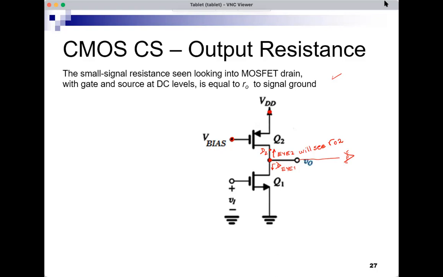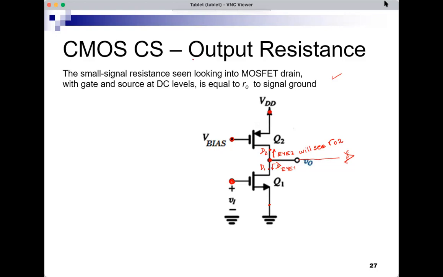All right. What about I1? What does I1 see? I1 is looking into the drain of Q1. This is the drain of Q1. And with no signal here, so this is 0 DC and 0 signal. But there is the input here. So can I apply the rule? In general, I cannot apply it because there's the input voltage.